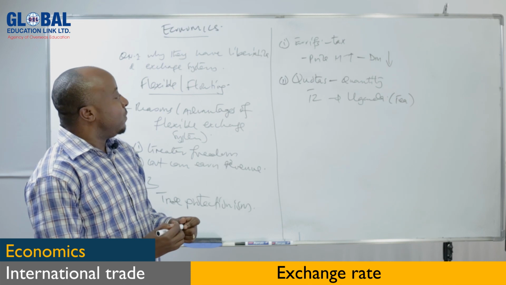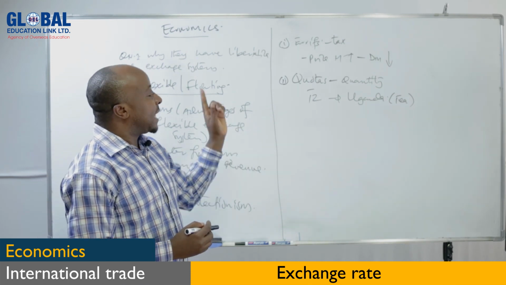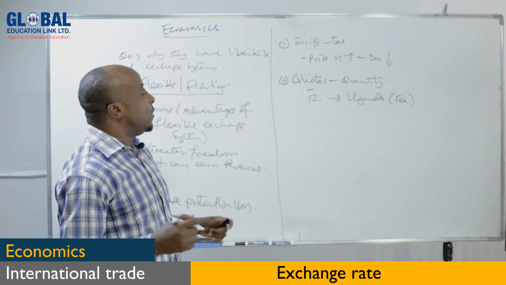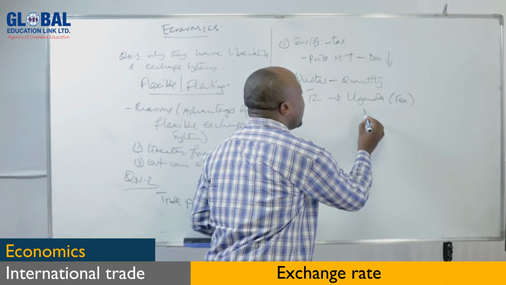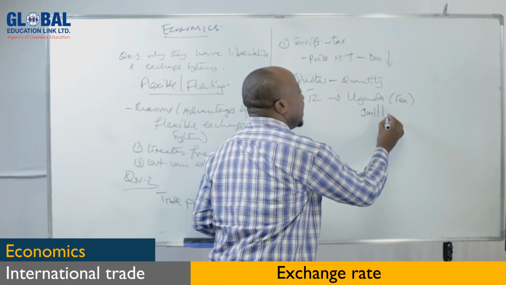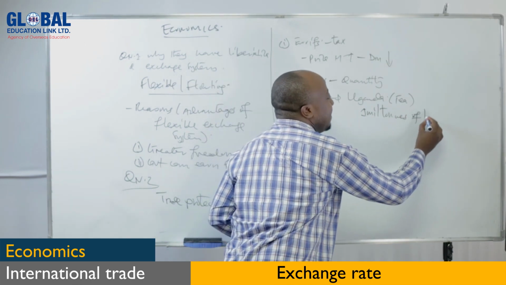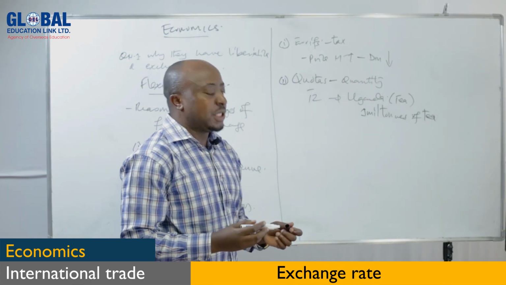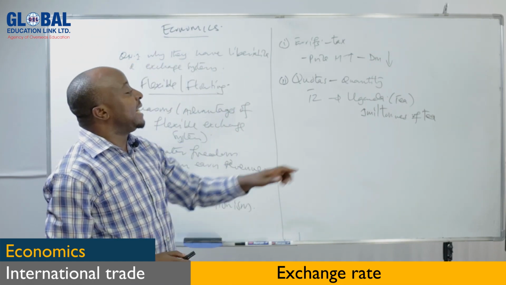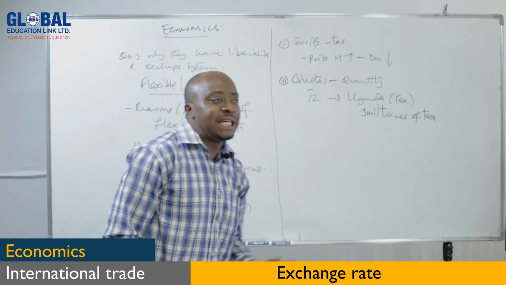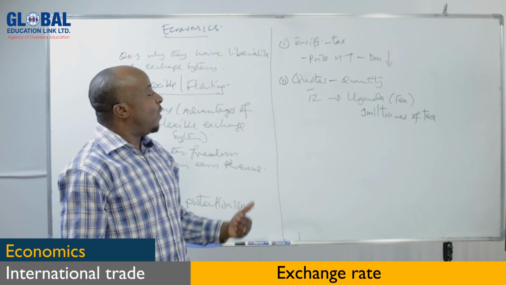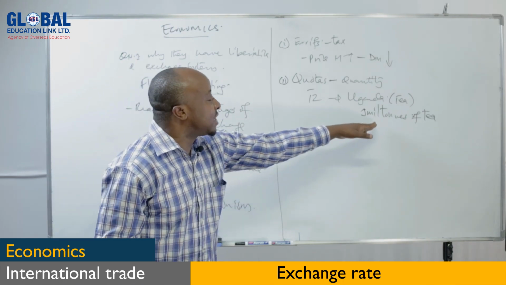Now when we use quotas, it means, for example, if Uganda used to import maybe more than 1 million tons of tea in Tanzania, maybe each year they export to Tanzania more than 1 million tons of tea each year. But the government of Tanzania or the economy of Tanzania is suffering from this importation because it is too heavy.